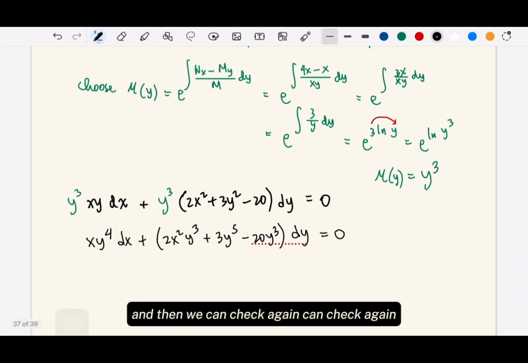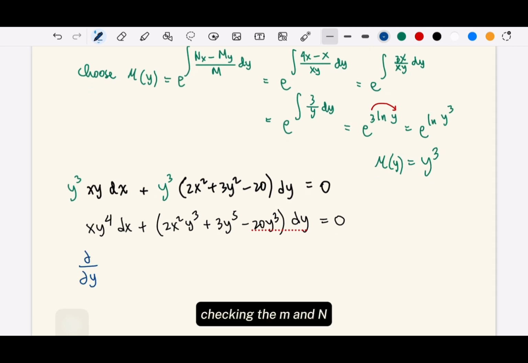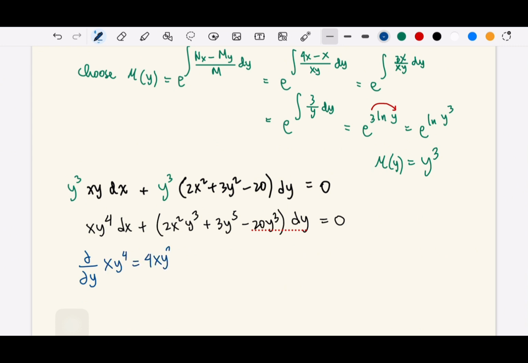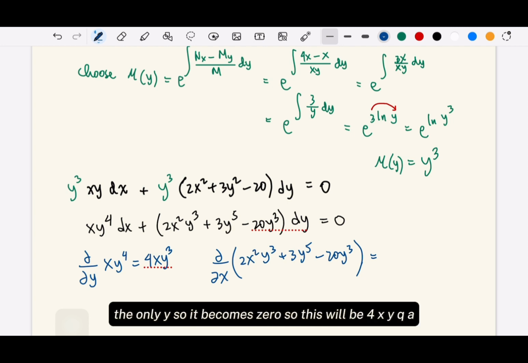And then we can check again, checking the M and N. So this will be, the only y, so it becomes 0.